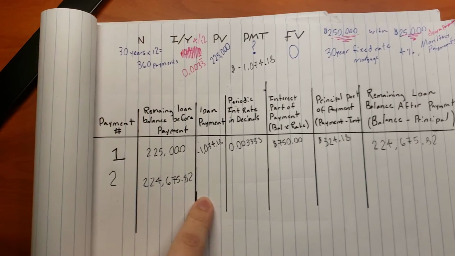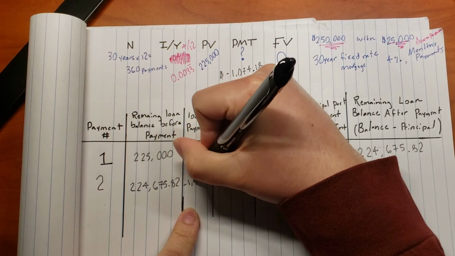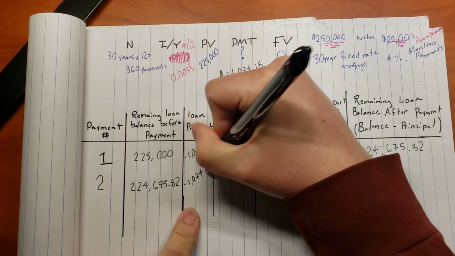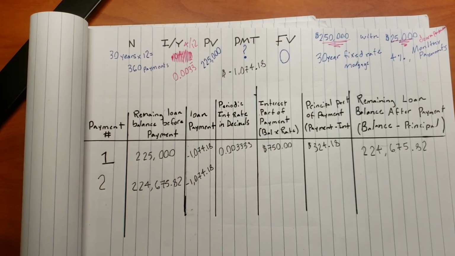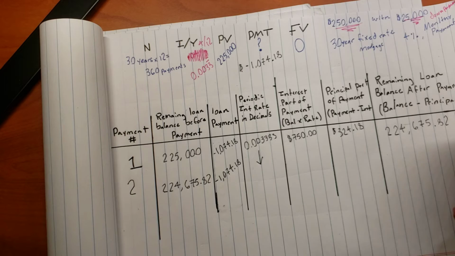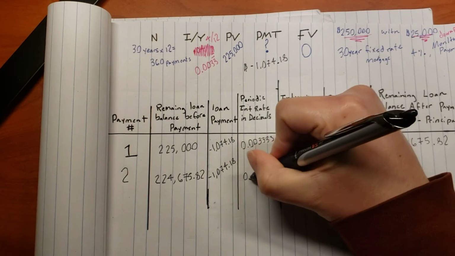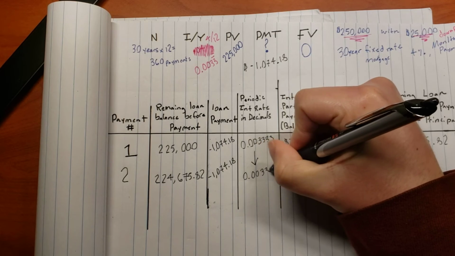Like I said, our loan payment stays the same. We're taking $1,074.18 out of our account every month. And it's the same interest rate unless you have a variable loan. But in this case, it's a fixed loan, so it doesn't change.